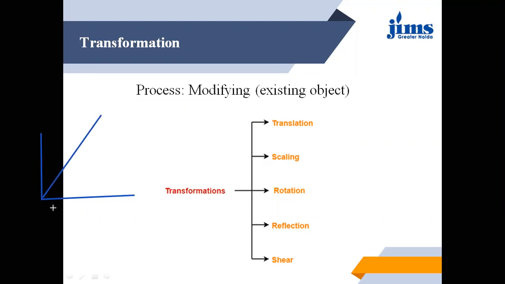the coordinate system. Let me change the color of these. The color of this is red. The color of this is yellow. You can understand this as the corner of a room.